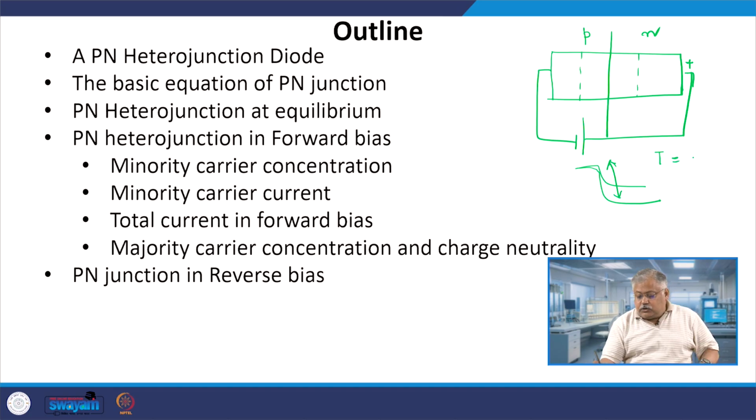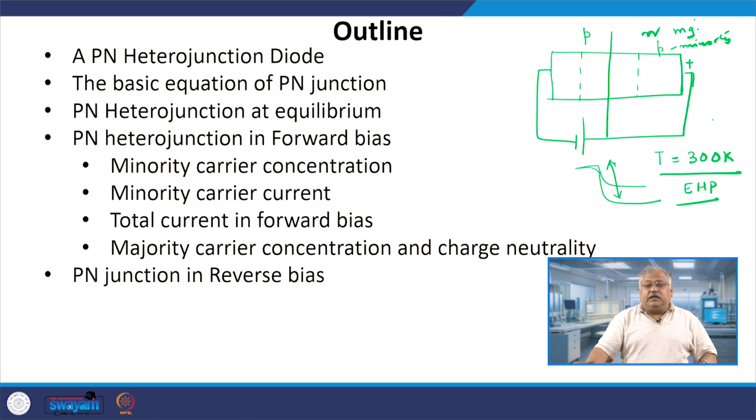Because at T equals 300 Kelvin, let us suppose, you are having some electron hole pair generation. Since here electrons are majority current carriers and holes are minority, if you add EHPs, the percentage increase in the minority will be much larger as compared to the percentage increase in the majority.